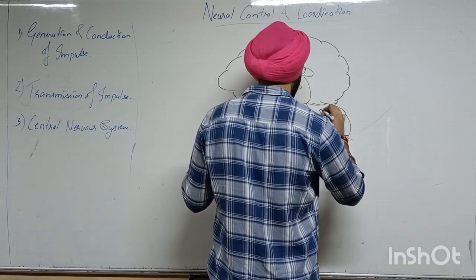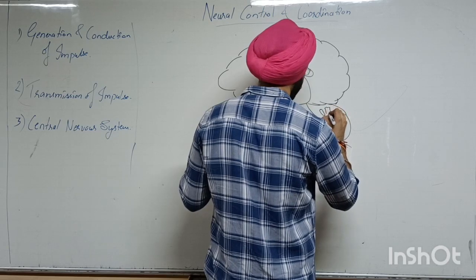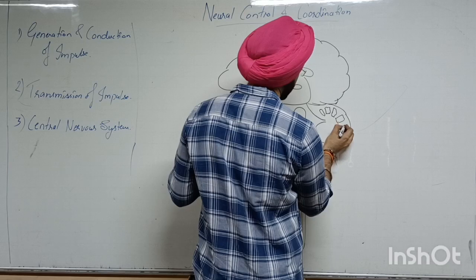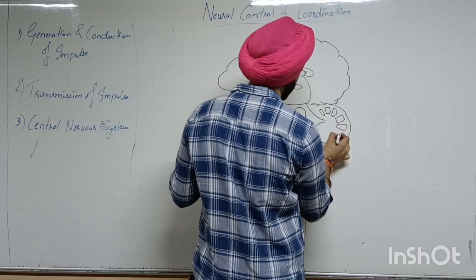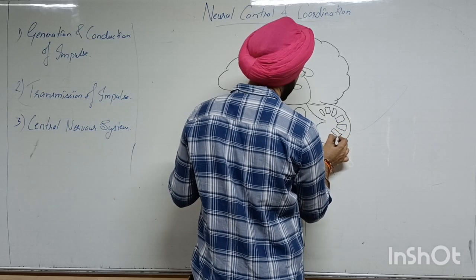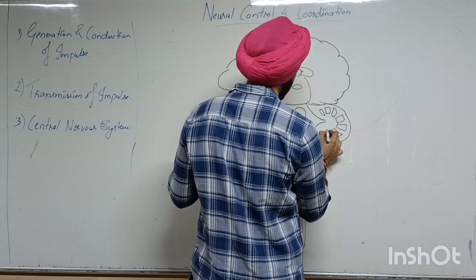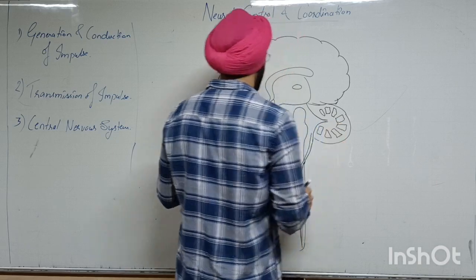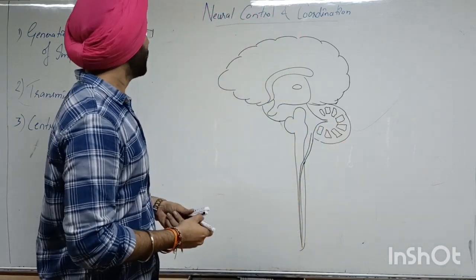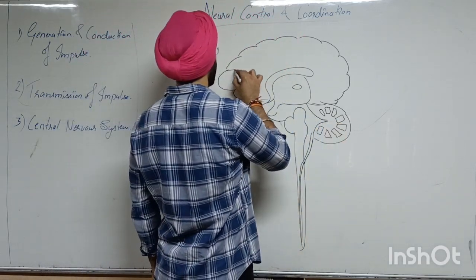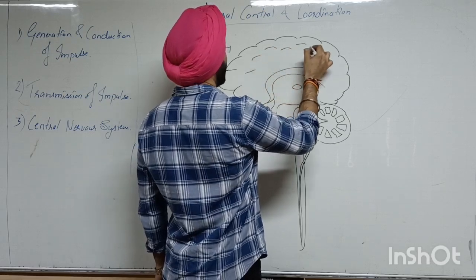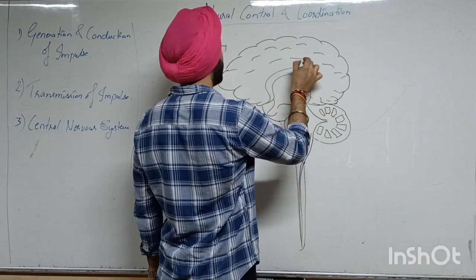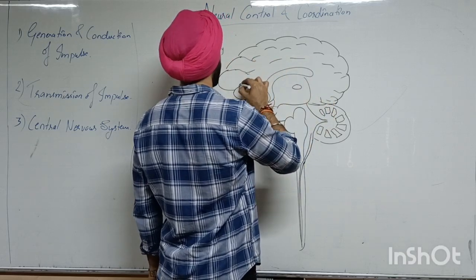Let me just label it. This is our brain, and I am going to discuss in the central nervous system the various parts of our brain.